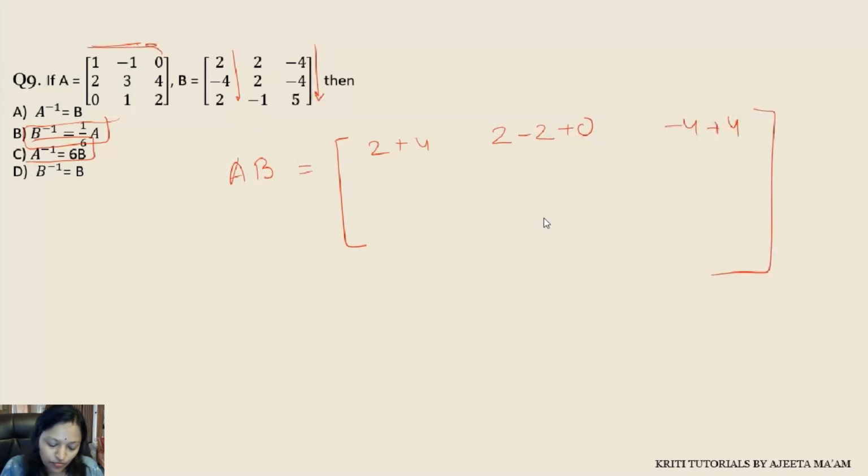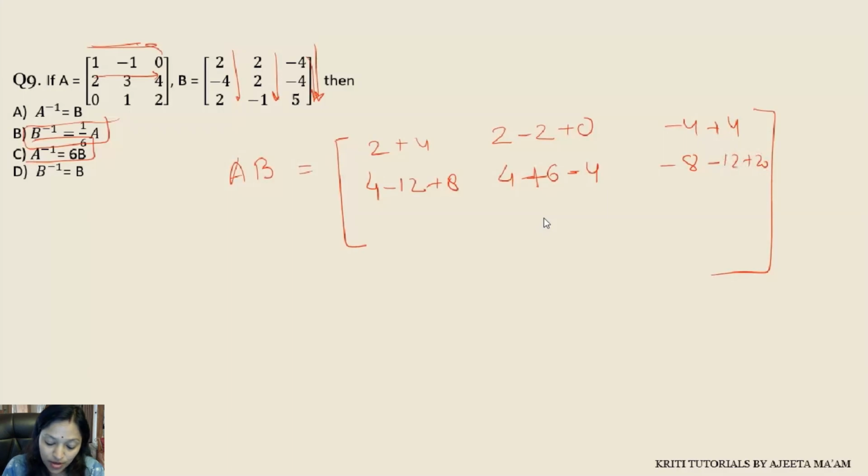Okay, now let's go with the next. 4 minus 12 plus 8. Then again with the second column, 4 plus 6 minus 4. Then with the next column, minus 8 minus 12 plus 20.